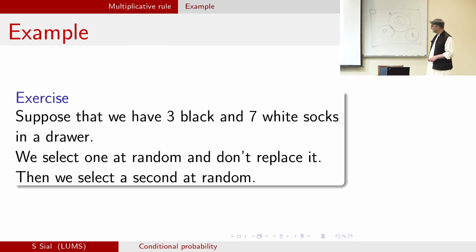All right, so let's use this multiplicative rule. I have 3 black socks and 7 white socks in a drawer. You select one and you don't replace it. Then you select another one and you don't replace it. Now I've got 2 randomly selected socks in my hand.